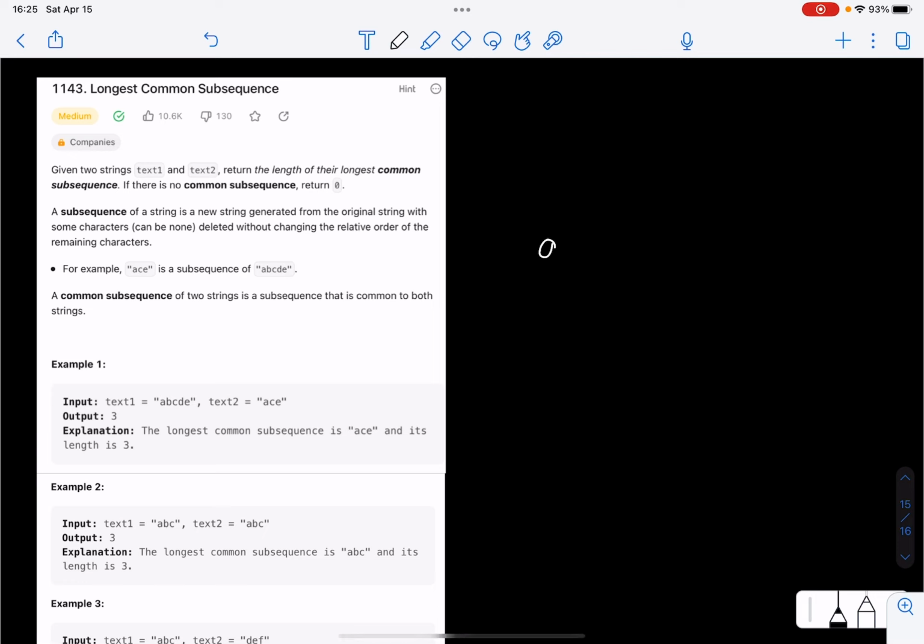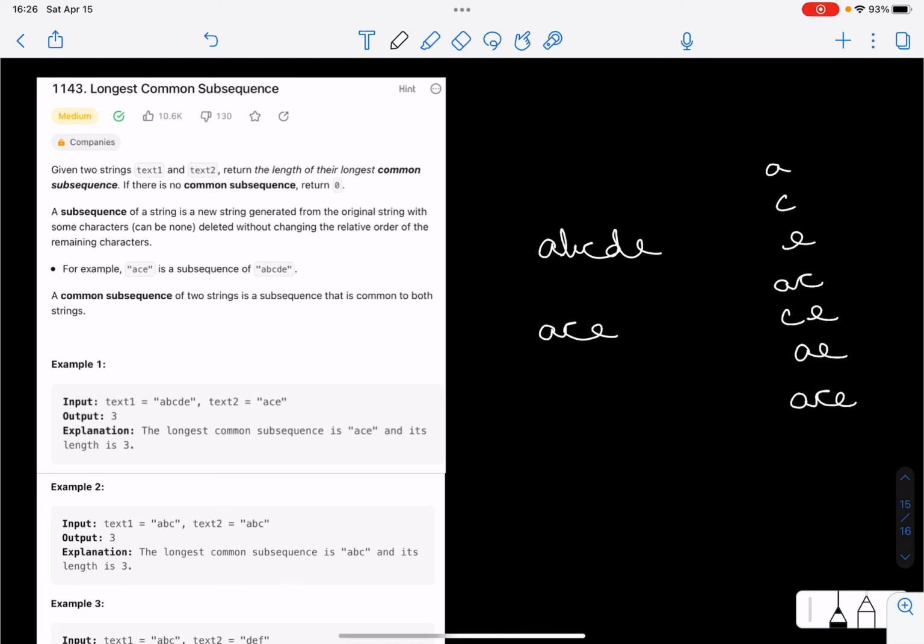So let's take the first example. We have A, B, C, D, E, and we have A, C, E. So the common subsequences between the two strings are A, C, E, AC, CE, AE, and ACE. So these are the subsequences between these two strings.